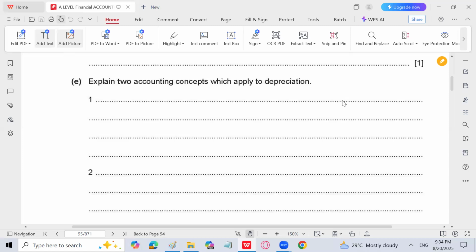The second concept is the accrual and matching concept, which says that expenses should be recorded in the period to which they relate, whether paid or not. Depreciation is a non-cash expense. Nothing is going out of our pocket actually, but the value of our asset is going to reduce gradually. So we need to record that expense in the current year, so that the matching concept is applied. Expenses should be recorded in the period in which the income is earned.